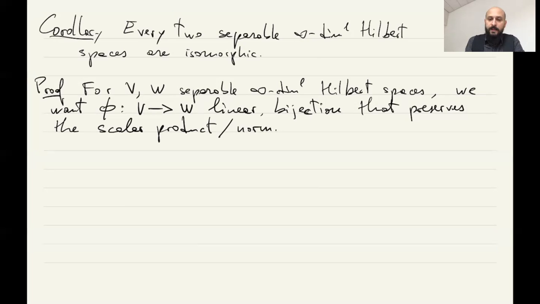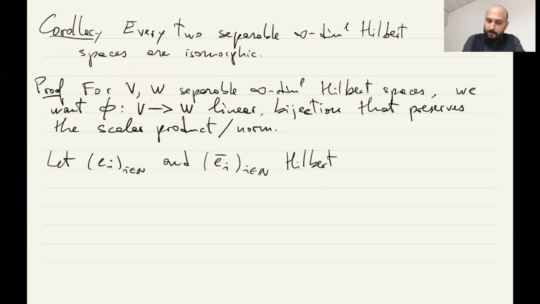Okay. So let's construct this map, but now at this point it should be clear what the map is. The map is the only linear map that sends a fixed Hilbert basis of V to a fixed Hilbert basis of W. So, okay, let e_i and let's call it e_i bar be Hilbert bases of V and W respectively.